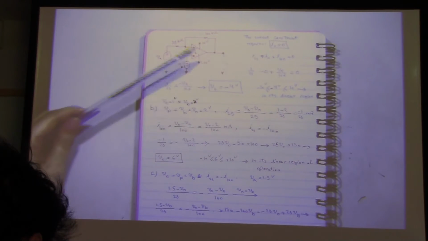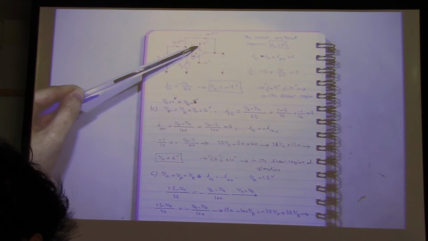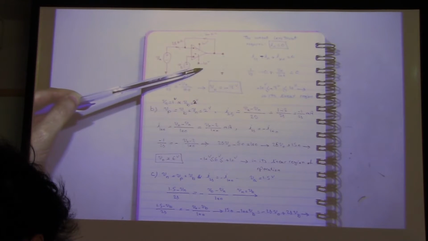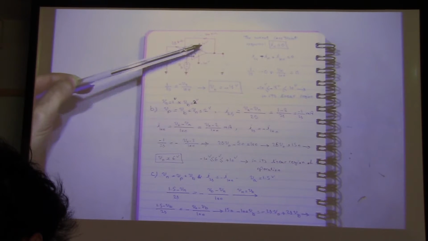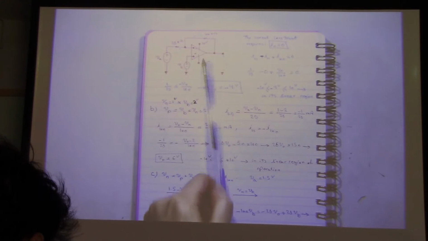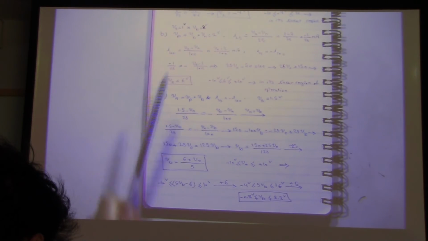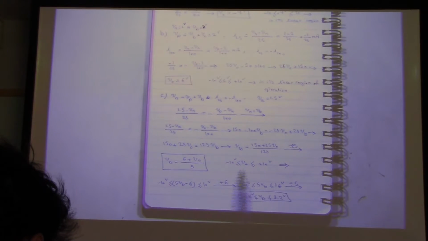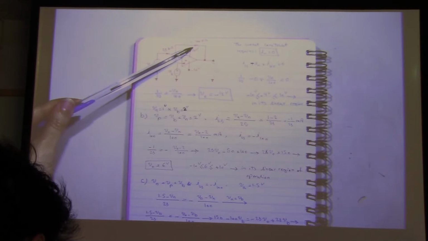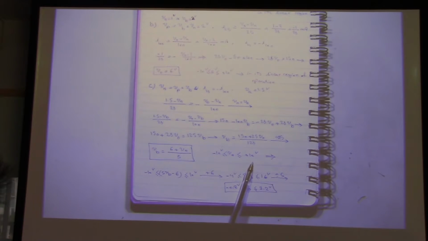Because positive value for power supply and negative value for power supply. Plus 10, minus 10. So V out must be in between this range. So that's why we say V out must be between minus 10 and 10. If it was 12 and minus 10, you should say minus 10 and 12.